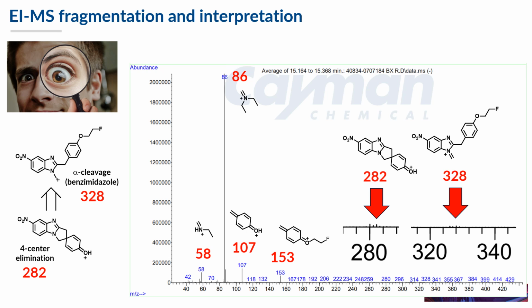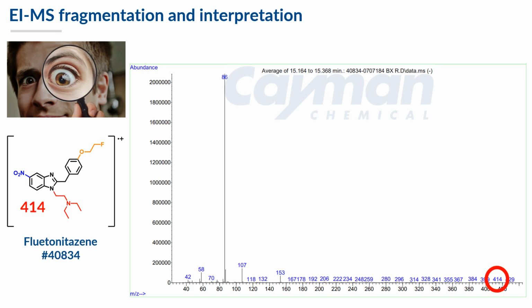If we look really hard, we can corroborate that fluorinated ethoxy chain because there is a peak at 328, albeit very small, coinciding with a benzimidazole ion from the alpha cleavage. There is also a teeny tiny peak at 414 here, and that could be the molecular ion.